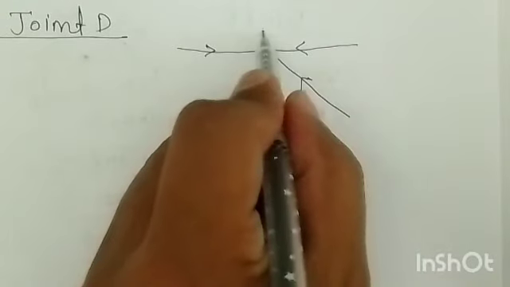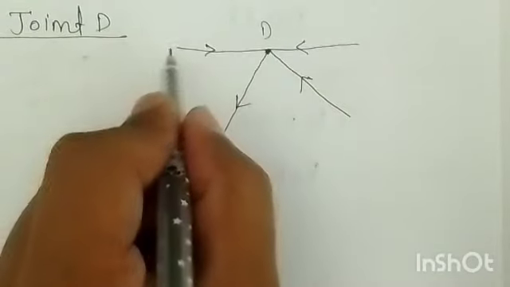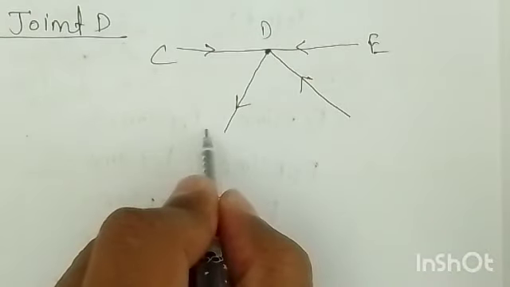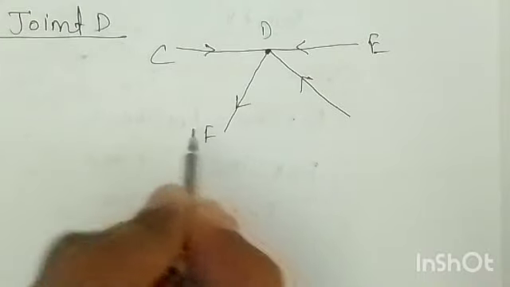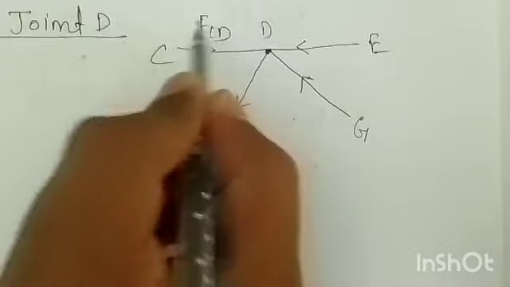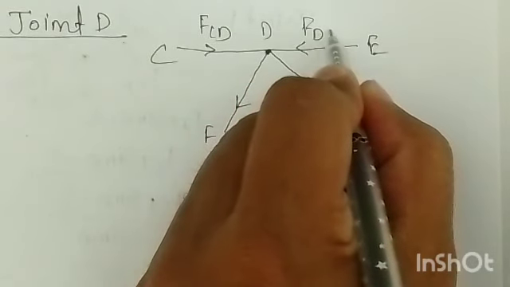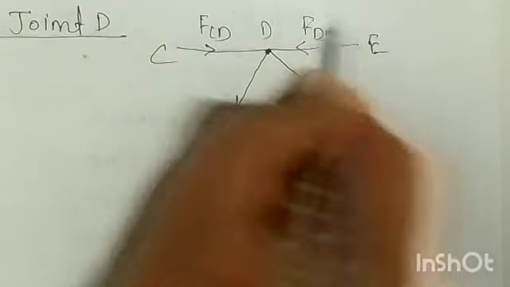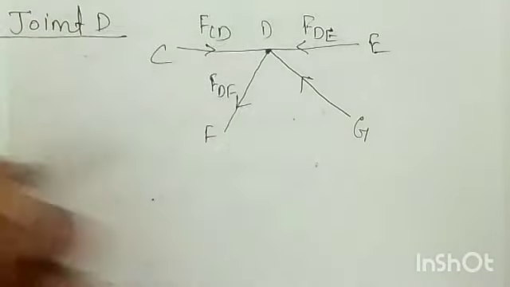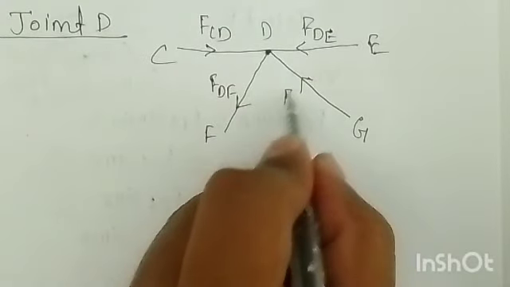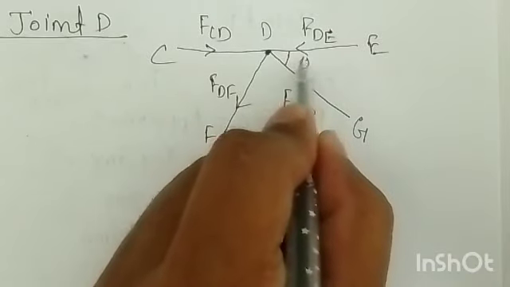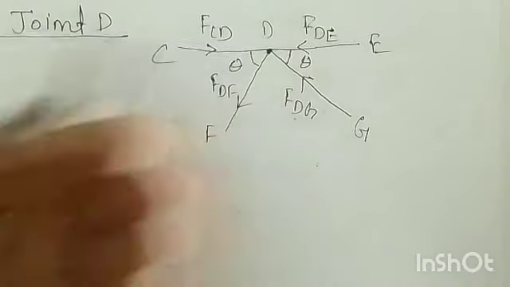So here you have the joint D, this is your C, E, right, this is F, and this is G. So now you can mention the forces: FCD, FDE, right, and FDF, as per the previous naming, and FDG. This inclination is theta, and this is also inclined by an angle of theta.